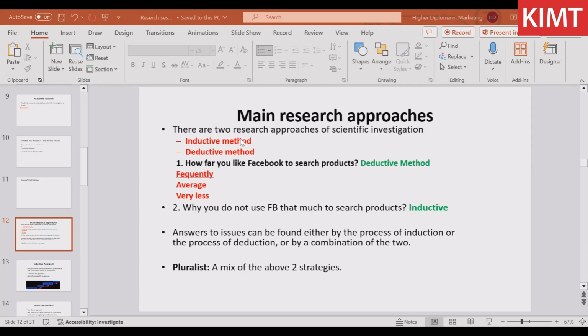Now, if you are going to do research to investigate what you know, and investigate how others respond to what is already there as answers, then you don't ask descriptive questions from the audience or respondents.